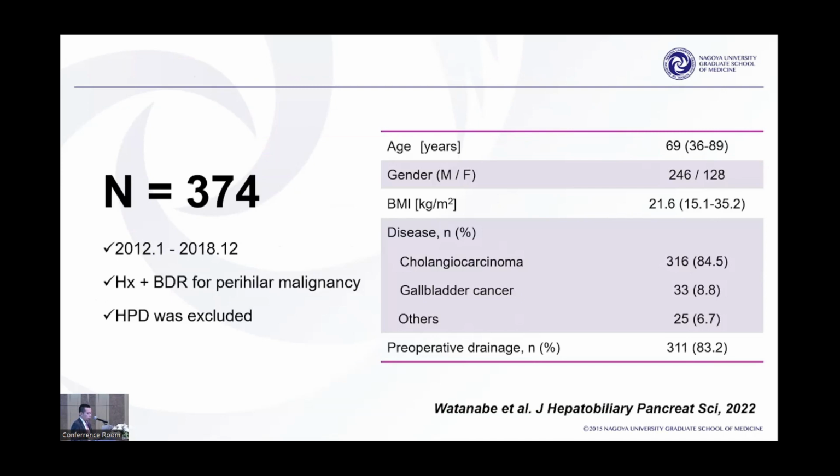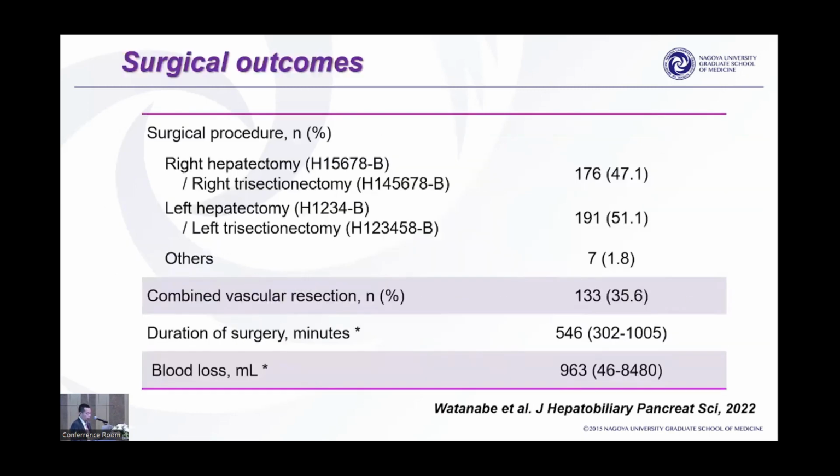Between 2012 and 2018, 374 patients underwent hepatectomy with bile duct resection. Patients who underwent HPD were excluded from this study. Patient characteristics are shown in this table. Major hepatectomy was performed in most patients.